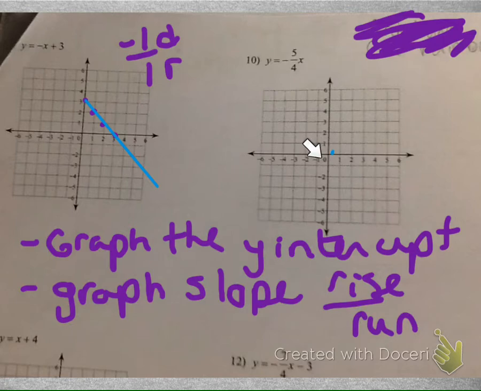So count down 5 and over 4. And that's going to put you -1, 2, 3, 4, 5, and over 1, 2, 3, 4. So I'm right here on my graph. Then I can use the ruler to connect my 2 points, and there's my line.